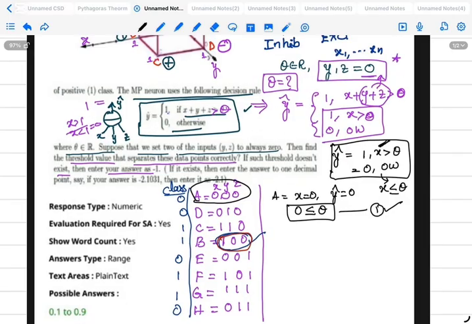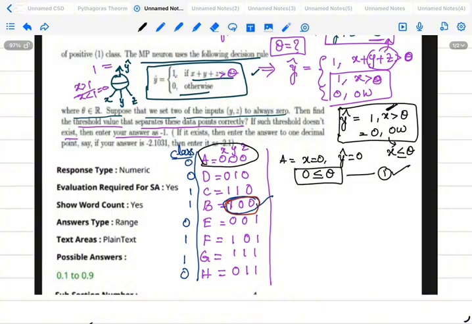They mention in the question that y, z are always 0. In data point B, z equals 0 and y equals 0 and x equals 1, so B equals 1, 0, 0. So the sum, x equals 1, is greater than theta. This is the other condition we find from these data points.